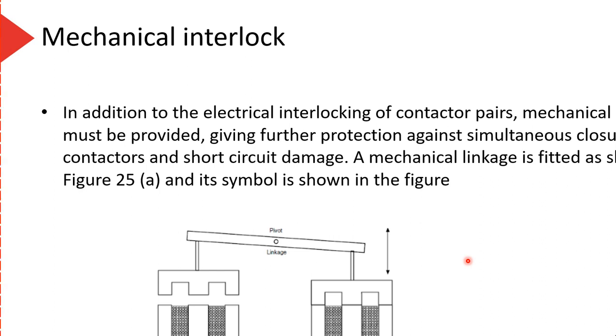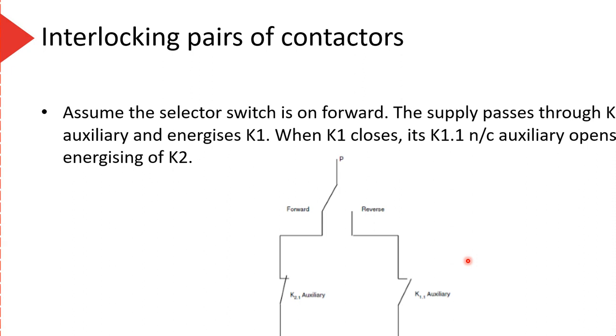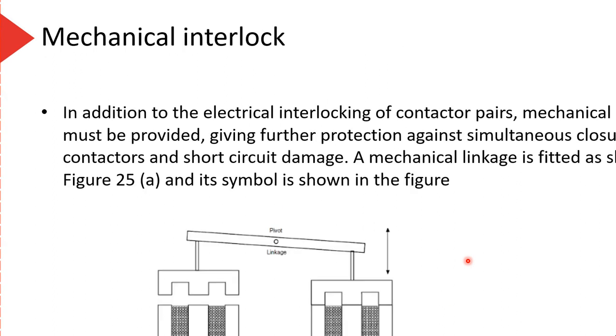Okay, mechanical interlock. In the last slide, we were talking about an electrical interlock, where the orientation of the switches means I can't provide power to the wrong contactor at the wrong time. This would be a mechanical interlock. We see here the two contactors. When one is closed, the other must be open.